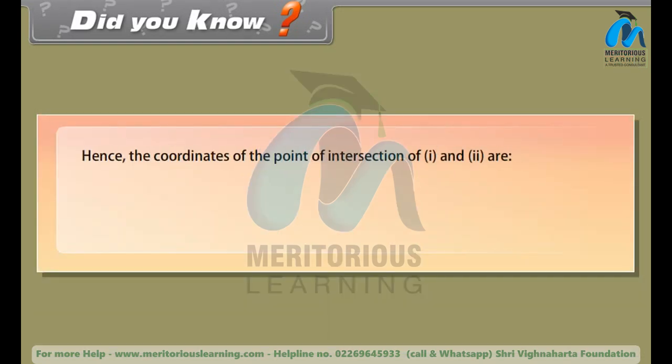Hence, the coordinates of the point of intersection of 1 and 2 are ((b1c2 - b2c1) / (a1b2 - a2b1), (c1a2 - c2a1) / (a1b2 - a2b1)).